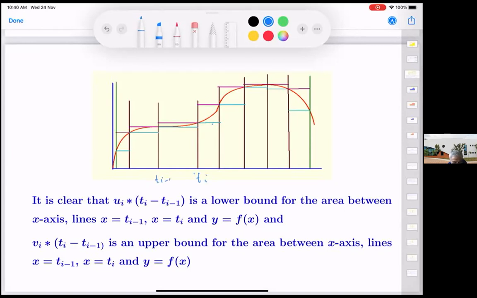Then if you look at the u_i times, this is u_i, this is v_i. So it is clear that u_i times t_i minus 1, that is the area of the rectangle, is completely inside the area that we are interested in. And t_i minus 1 times v_i is entirely outside that area. So these are lower and upper bounds as far as x equal to t_i minus 1 to x equal to t_i is concerned.